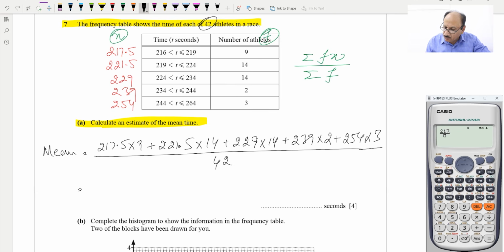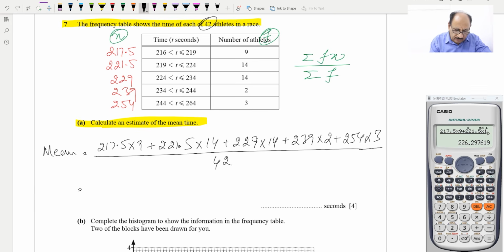So 217.5 multiplied by 9, plus 221.5 multiplied by 14, plus 229 multiplied by 14 again, plus 239 multiplied by 2, plus 254 multiplied by 3, divided by 42, gives us 226.297.